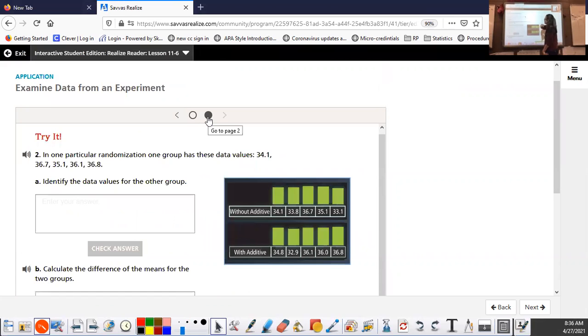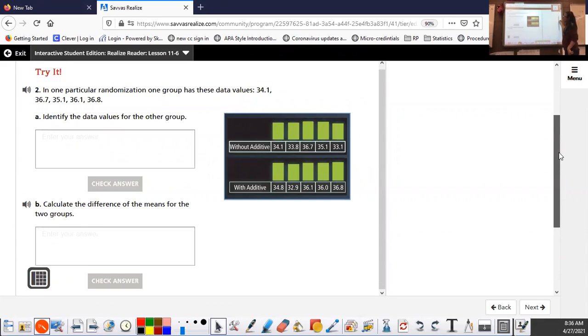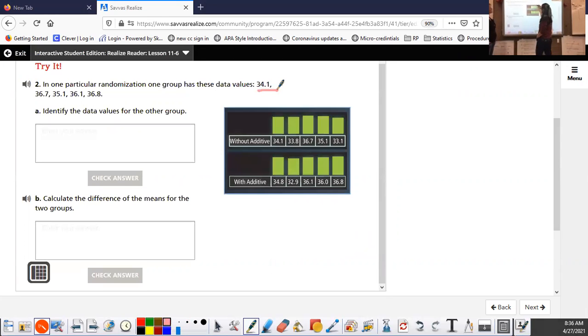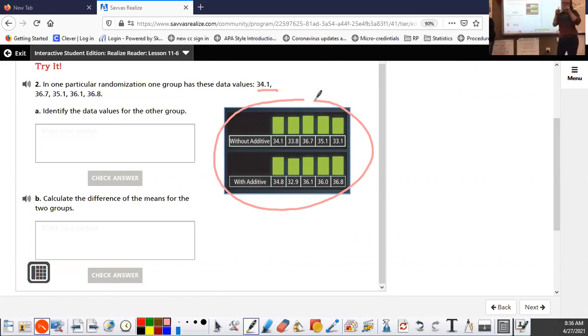So what they want you to do here is, in one particular randomization, one group has these values. So of our original, they're going to take out and put in group 1, or the additive, you could say, 34.1.